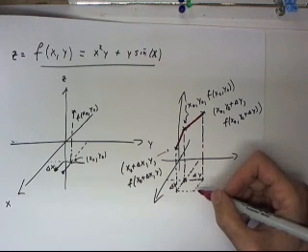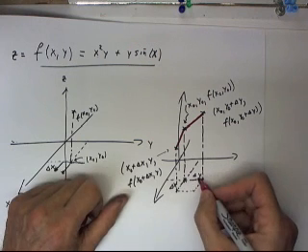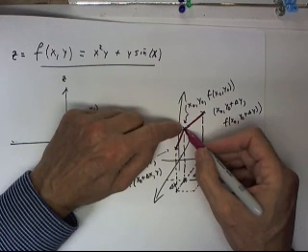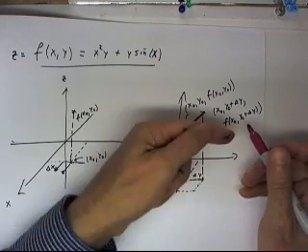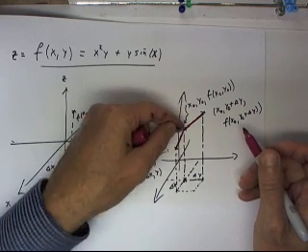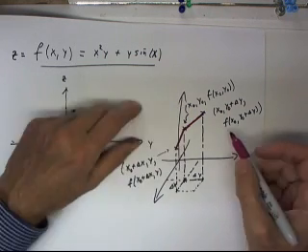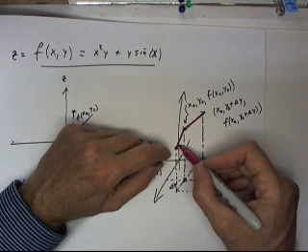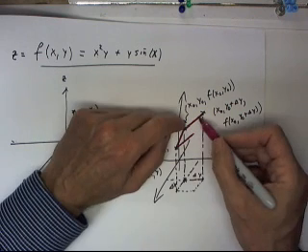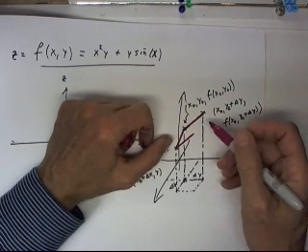We can conjecture that if delta x and delta y aren't too big, the rate of change of the graph as we move in the y direction isn't going to be too much different between here and here, so we can draw a side that we assume to be approximately parallel to this side.